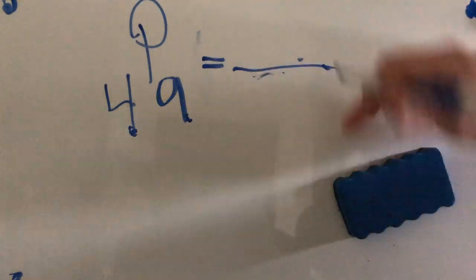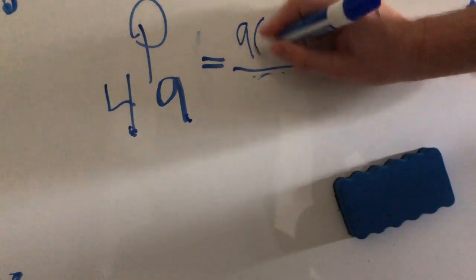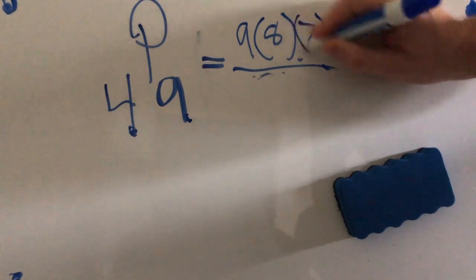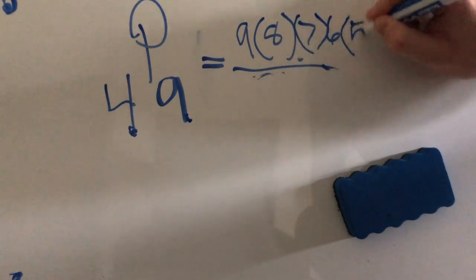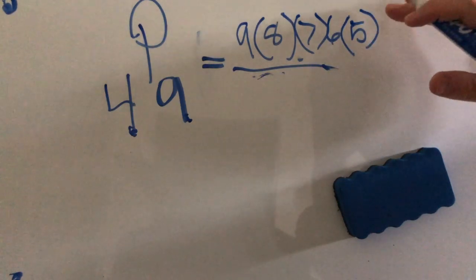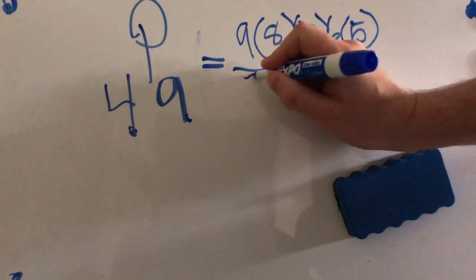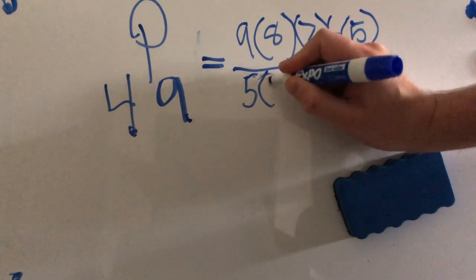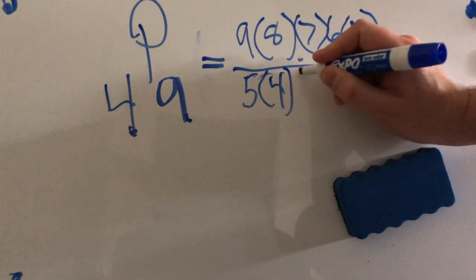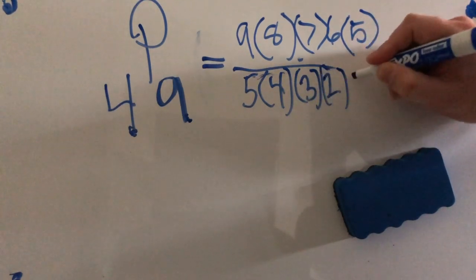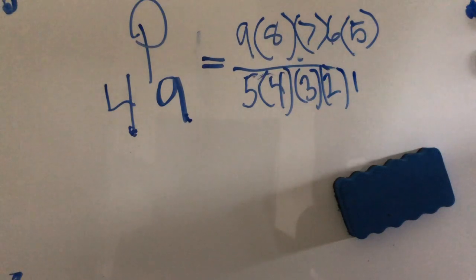The top one is factorial of 9, so 9 times 8, 7, 6, 5. But wait, because down here was 9 minus 4, and I wanted the factorial of 5, I'm going to go 5 times 4 times 3 times 2 times 1, right?